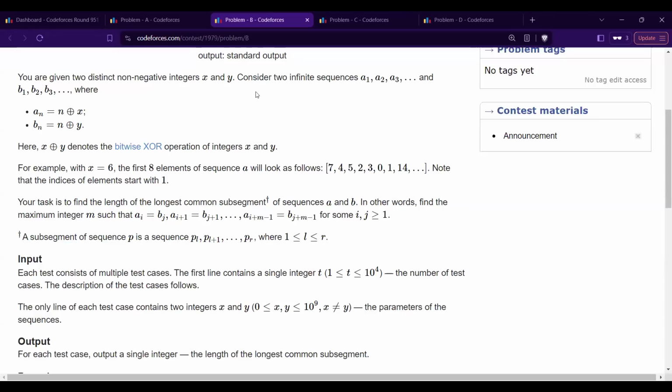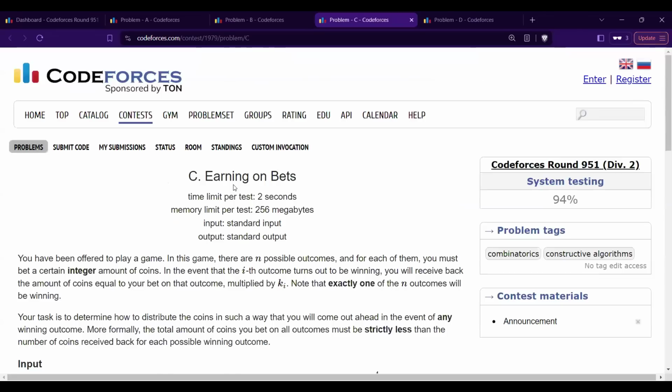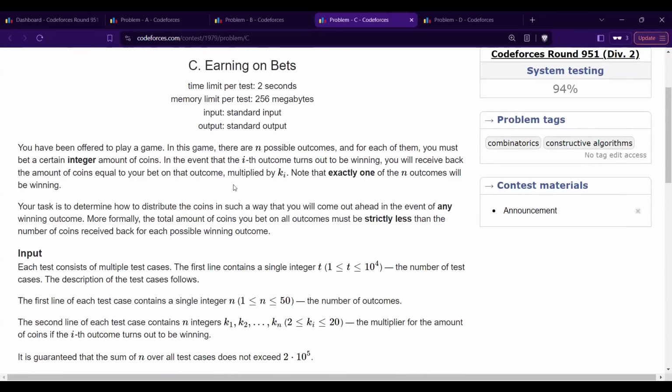Yes, we'll cover D. So the third problem is: we have been offered to play a game. In this game, there are n possible outcomes, and for each of them, you must bet a certain integer amount of coins. In the event that the ith outcome turns out to be winning, you will receive back the amount of coins equal to your bet on that outcome multiplied by ki.